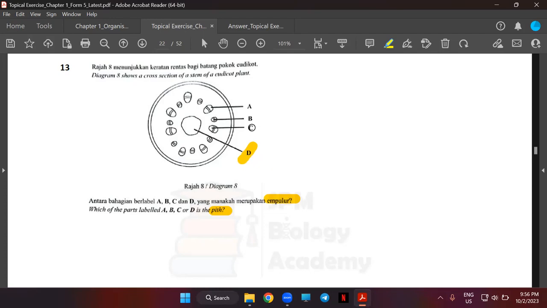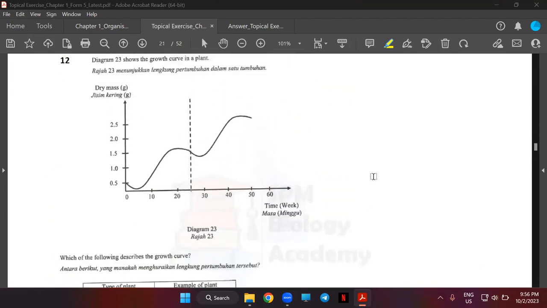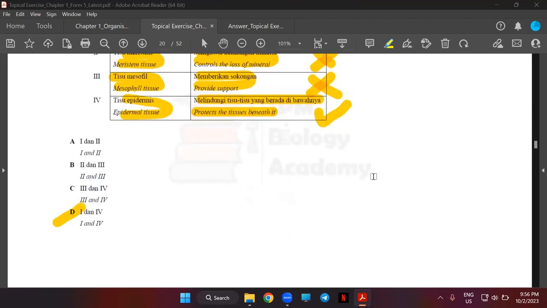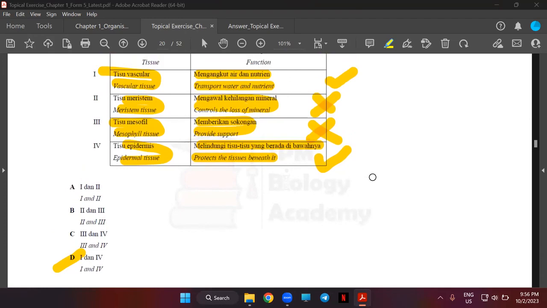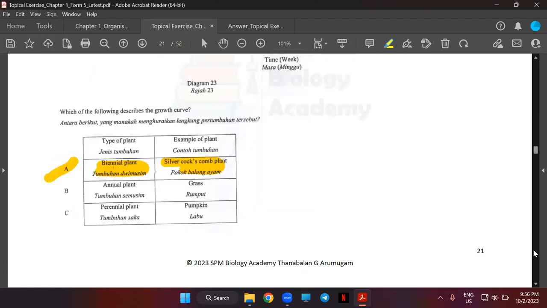C ialah primary xylem. B ialah vascular cambium, cambium vaskular. A ialah primary phloem, floem primer. Jawapannya D. Number 11's answer will be D. Is D. Okay.